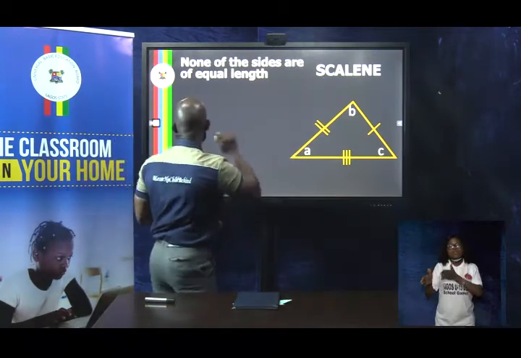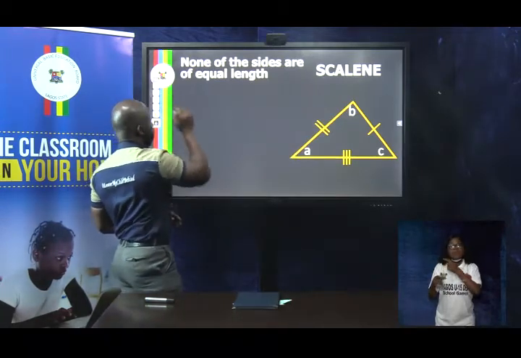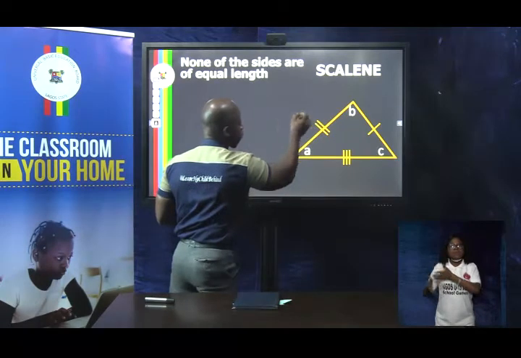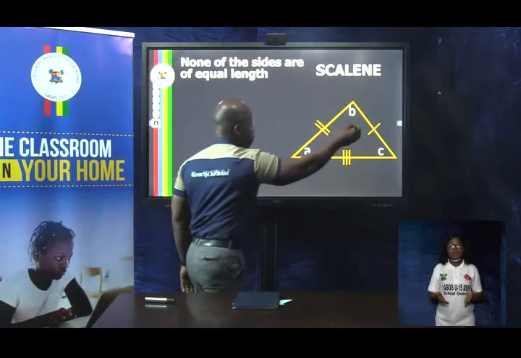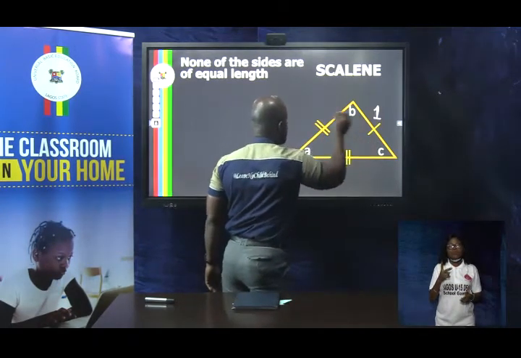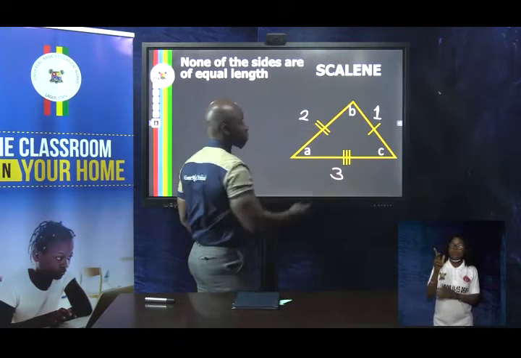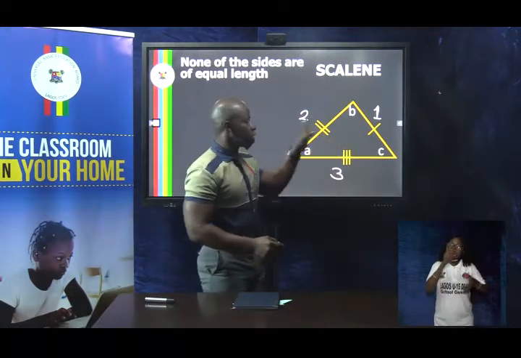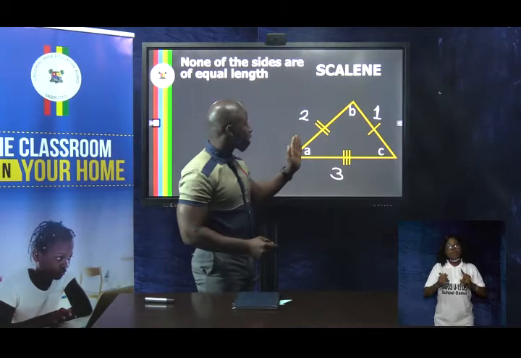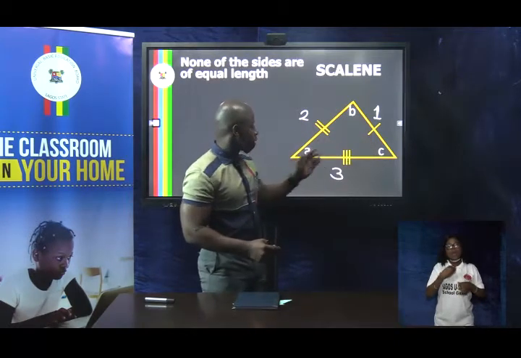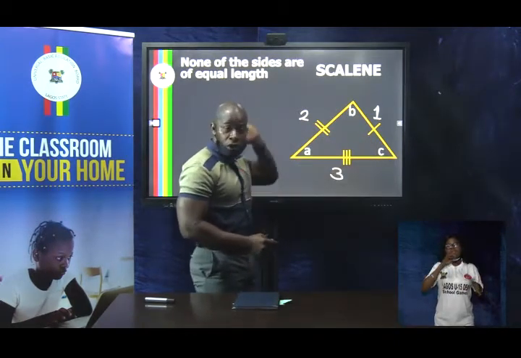This side here, let's call this one 1, 2, 3. Side 1 is not equal to side 2. You can see that side 2 is longer than side 1. And side 3 is obviously the longest of them all.